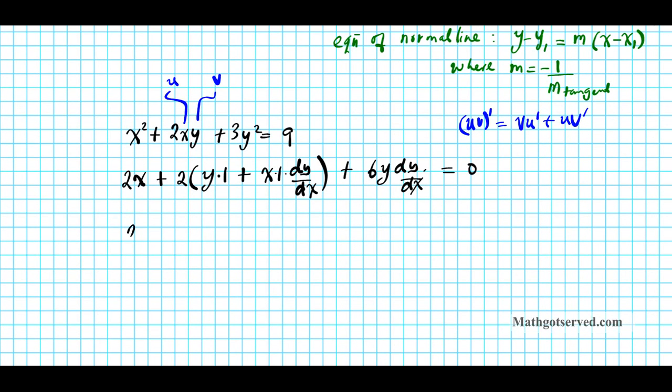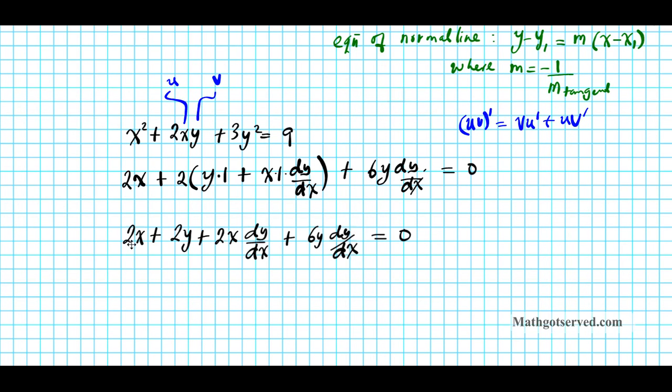Okay, now let's simplify this and isolate dy dx. So we're going to have 2x plus 2y plus 2x dy dx plus 6y dy dx equals 0. To get dy dx, we have to isolate the terms with dy dx on one side, factor out dy dx, and then get dy dx isolated.